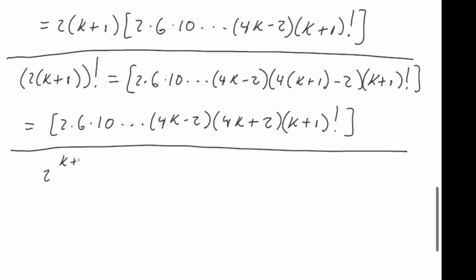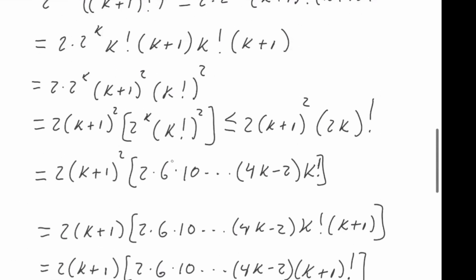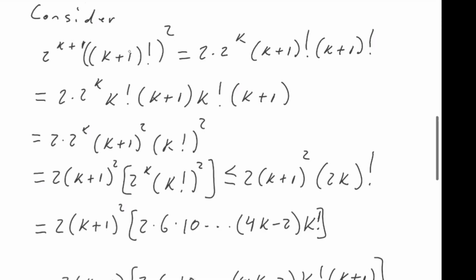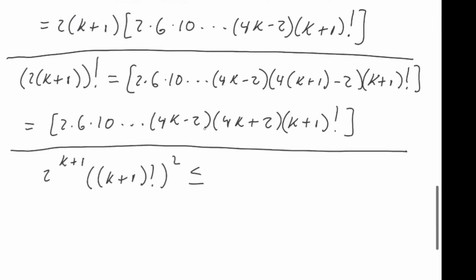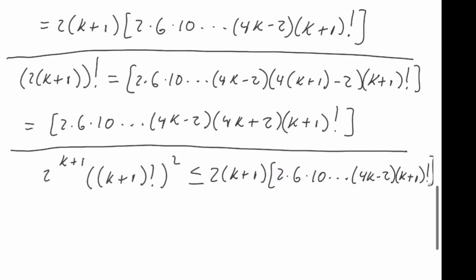So 2 to the k plus 1 times k plus 1 factorial squared, this is what I'm starting off with, is less than or equal to what I ended with, which was 2 times k plus 1 times 2 times 6 times 10, dot, dot, dot, 4k minus 2, k plus 1 factorial. That's what I have.